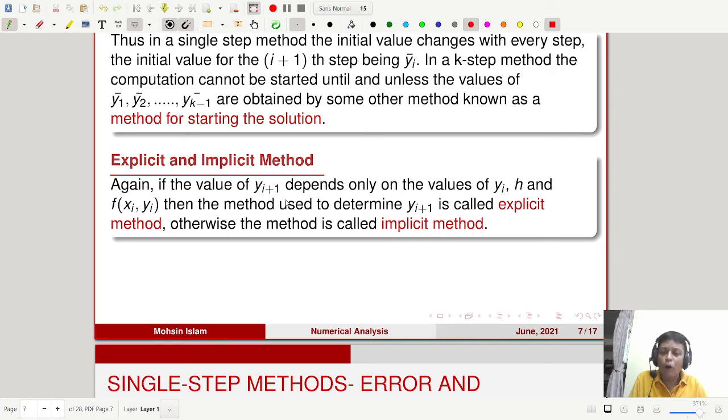If the value of yi+1 depends only on the values of yi, h, and the functional value f at xi, yi, then the method used to determine yi+1 is called an explicit method. Otherwise, the method is called implicit. That's the explicit and implicit method.